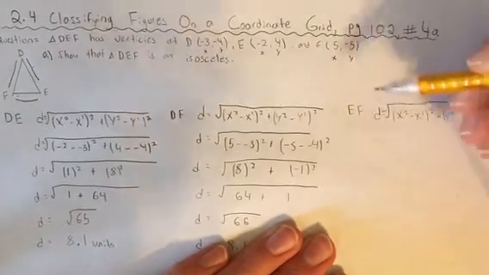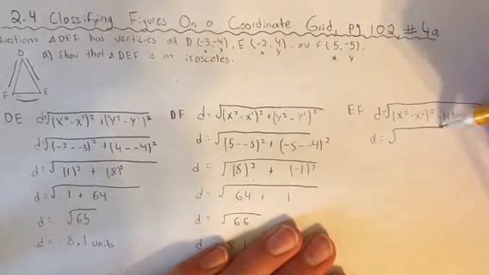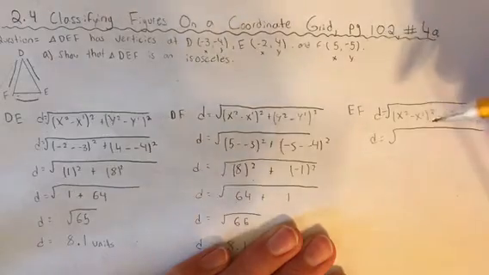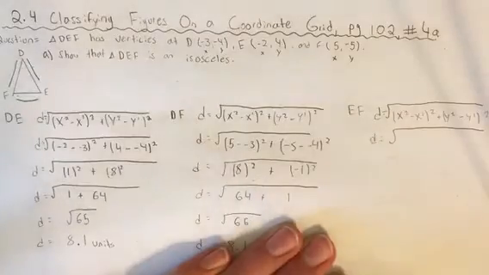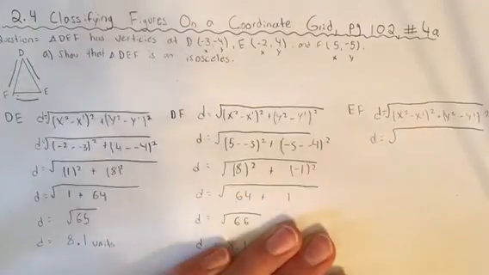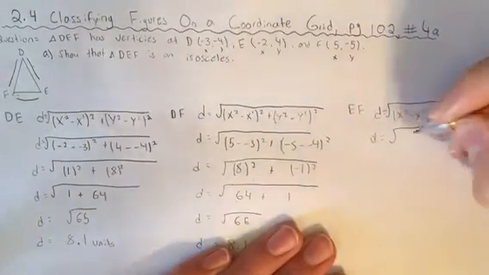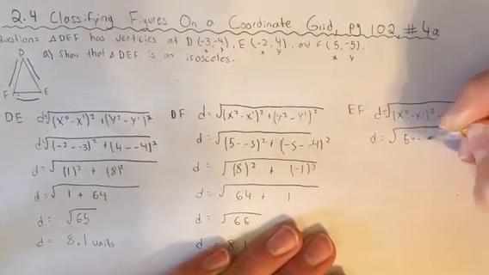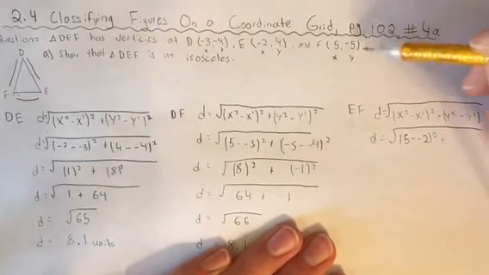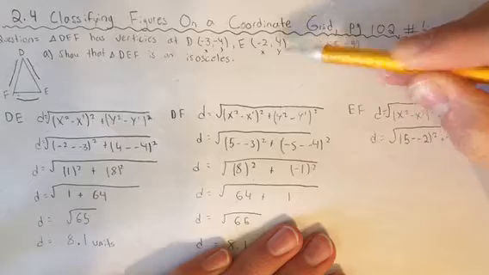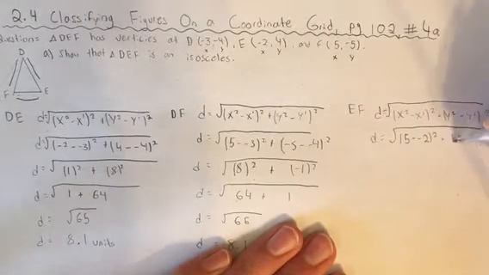Okay, so now let's plug in our numbers. Distance equals 5 minus negative 2, to the power of 2, plus negative 5 minus 4, to the power of 2.